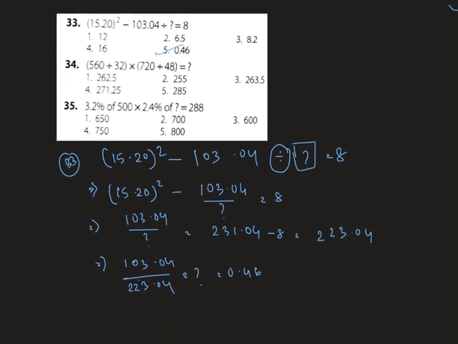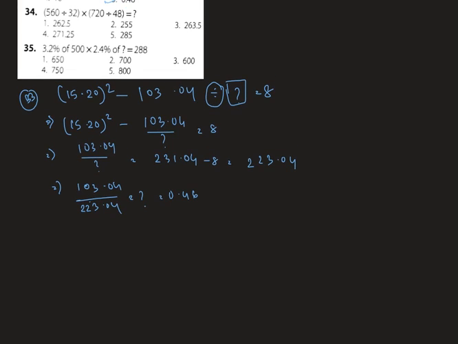Now let's check the next question. Question number 34. It says 560 divided by 32 multiplied by 720 divided by 48.